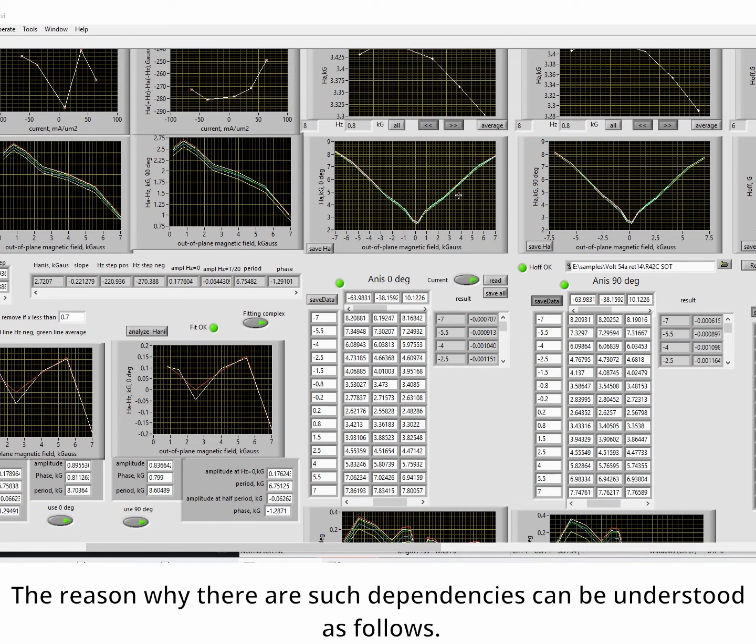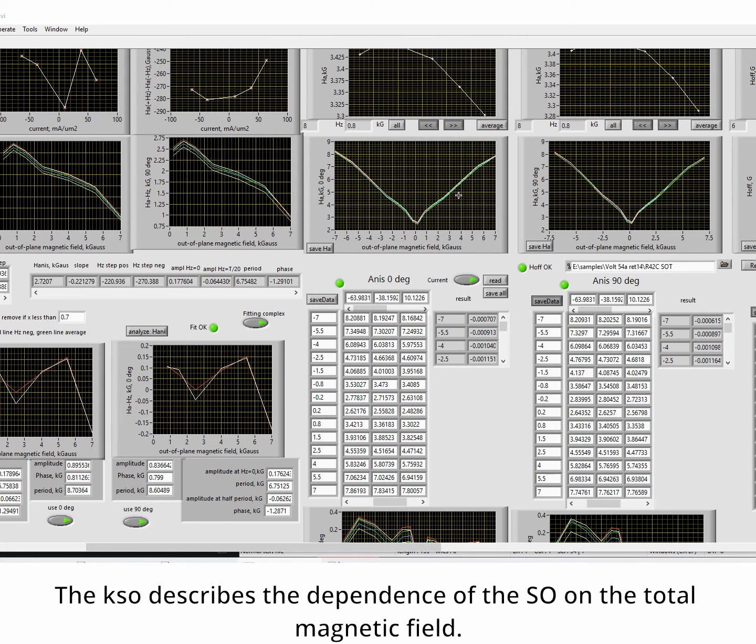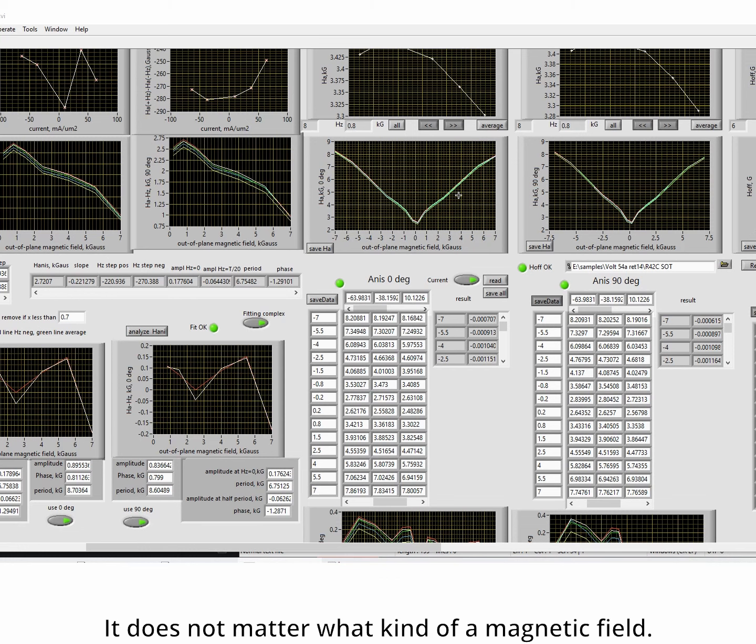The reason why there is such a dependency can be understood as follows. Coefficient of spin-orbit interaction describes the dependency of the spin-orbit interaction on the total magnetic field. It doesn't matter what kind of magnetic field it is. It is just a proportionality coefficient.